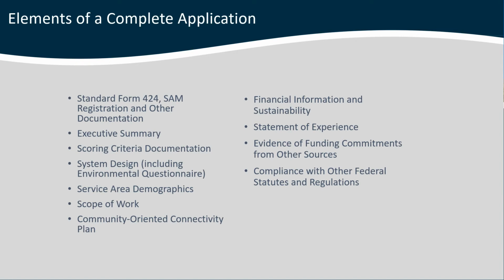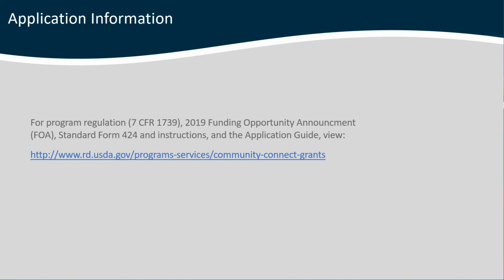So you have the SF-424, executive summary, scoring criteria documentation, system design including environmental questionnaire, service area demographic, scope of work, community-oriented connectivity plan, financial information and sustainability, statement of experience, evidence of funding commitments from other sources, and compliance with other federal statutes and regulations, so a certification section. When putting together your application, you are going to want to keep the program regulation, the FOA, the Standard Form 424, and the application guide handy. All of those are available on our website.